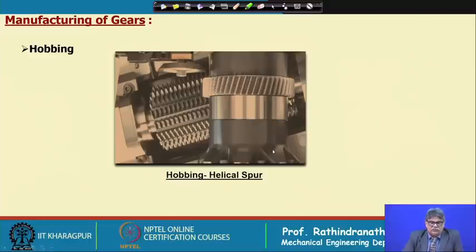So, here it is shown the hobbing of a helical gear. This is the helical gear and this is the cutter.